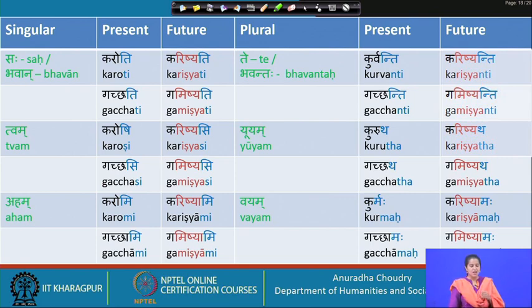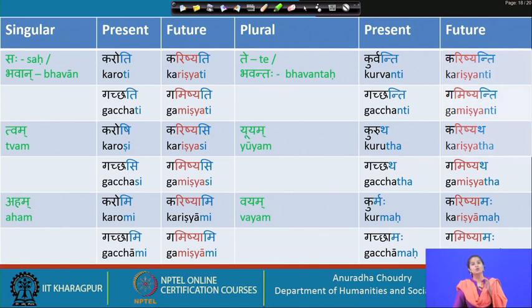Let's move on. Saha gacchati becomes saha gamishyati in the future. The plural te gacchanti will become te gamishyanti. Uttamam. Now for tvam, let's see what happens. The second person informal, tvam karoshi becomes tvam karishyasi.